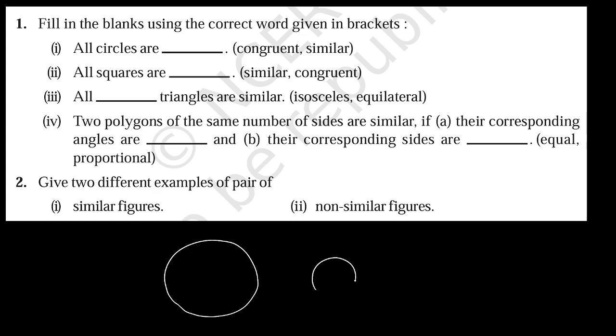But it is not necessary that two circles are identical. We simply say that they are similar. If the smaller one is enlarged, both will be identical. It's a very simple thing. So similar is correct. All circles are similar.